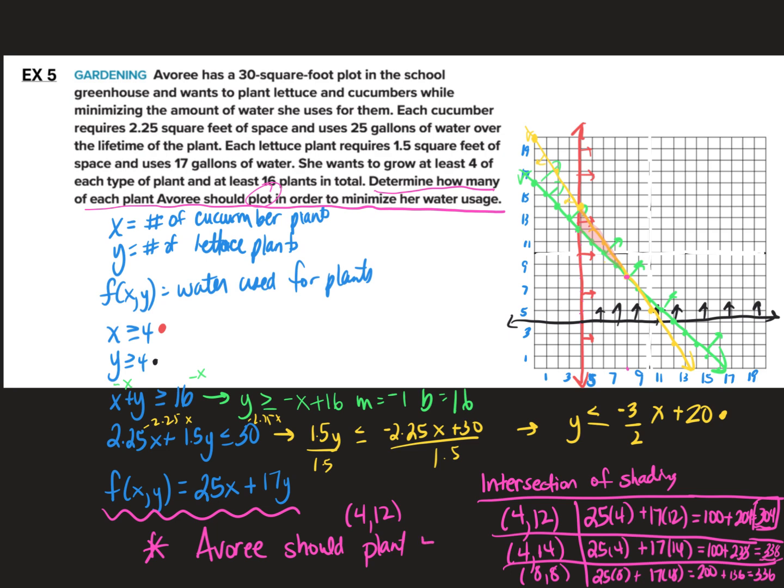So should plant 4 cucumber plants and 12 lettuce plants to minimize her water usage.